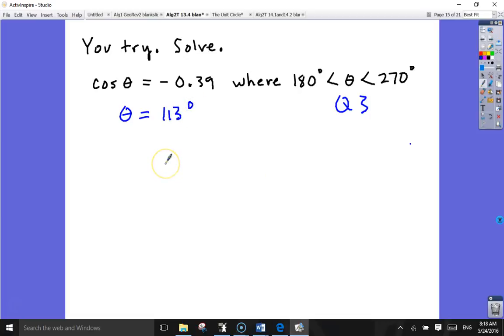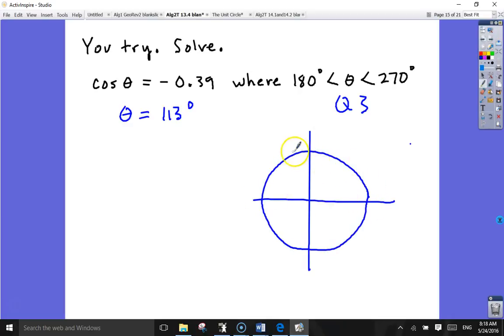Which if I put that in the unit circle, 113 is past 90, maybe it's over here, right? Maybe about that's 113 degrees. Again, because cosine inverse is only going to give you answers in quadrants 1 and 2. That's why you got it there.